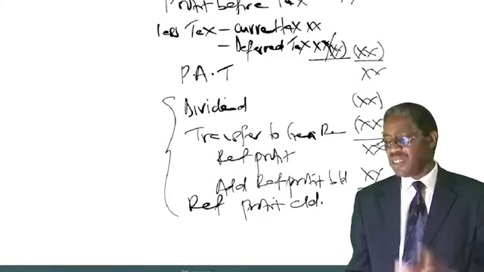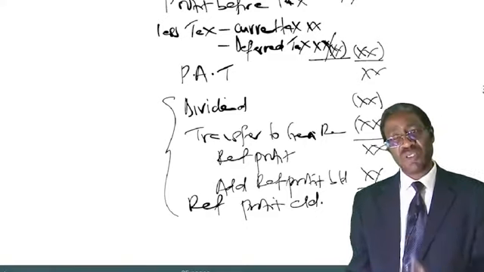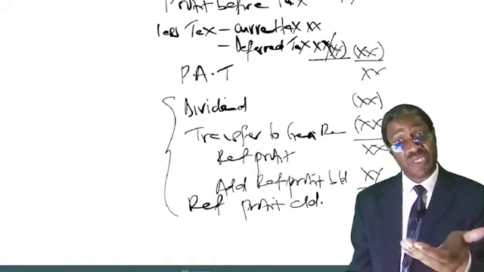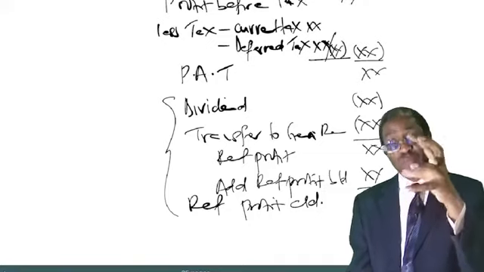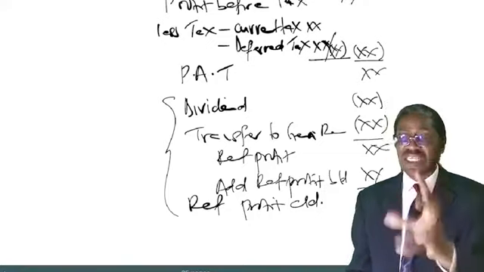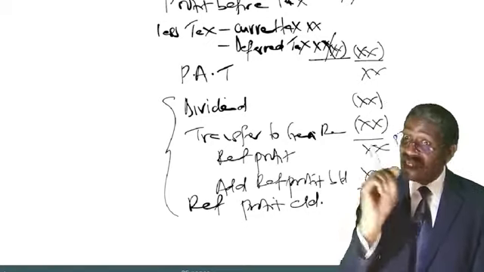Listen carefully. They should not be done in the statement of profit or loss. That means they should not be done in the income statement. All the appropriations are normally done elsewhere. And that elsewhere is in the statement of changes in equity.